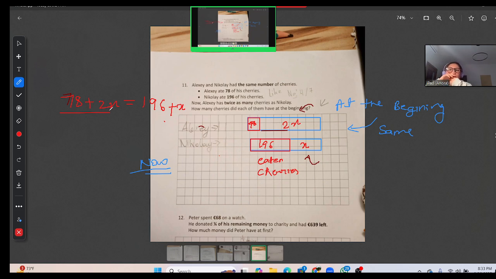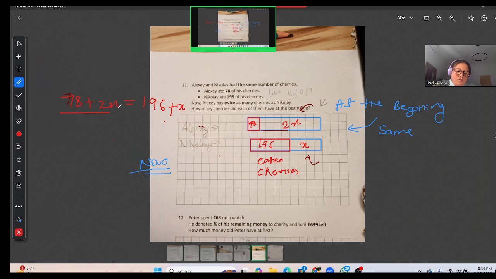So now we have to find x, because x would give me the leftover cherries, and if I double that I'll get the starting one, right?